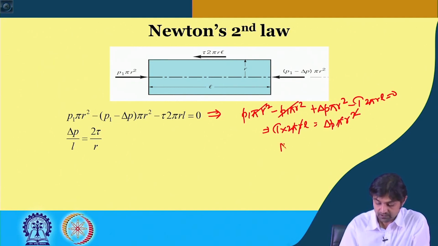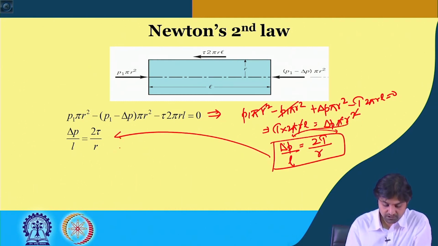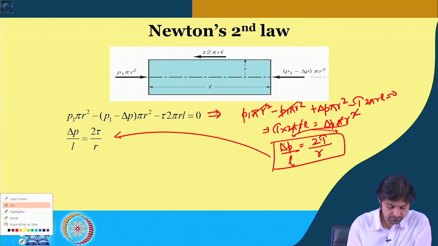So delta P can be written as, if we bring L to this side, delta P by L can be written as 2 tau by R, where this R we bring downside here. This is exactly the same as we have written here. All right.